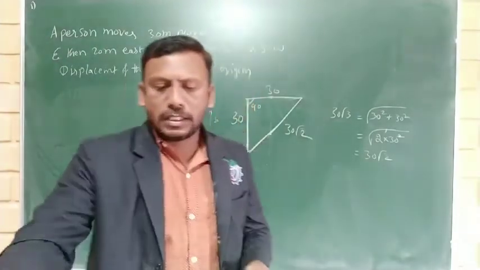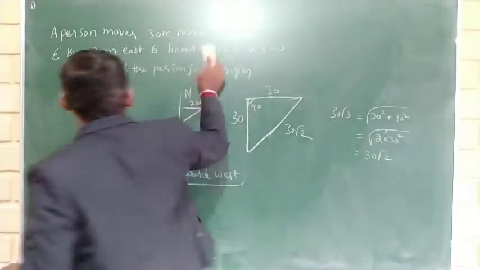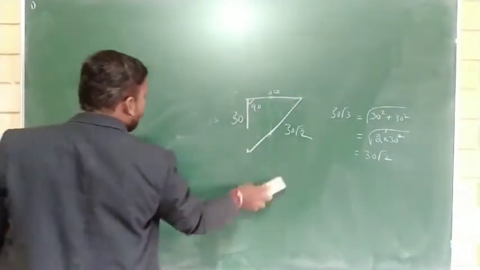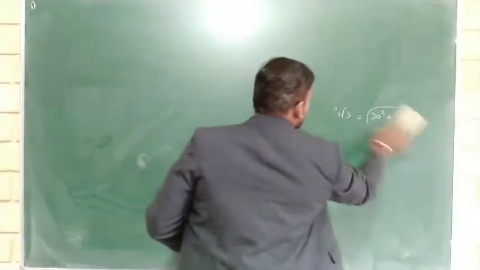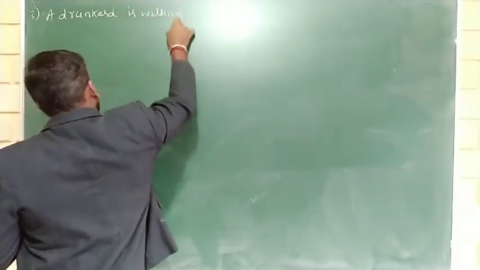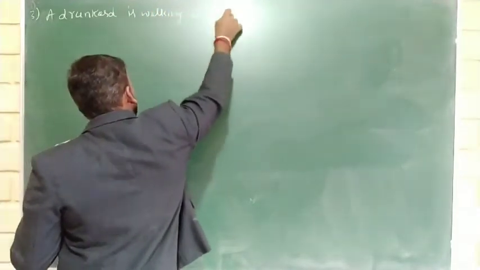Okay. Next question, third question. A drunkard is walking along a straight road.